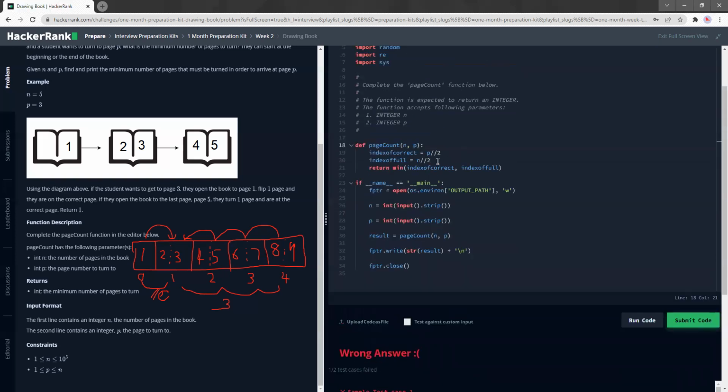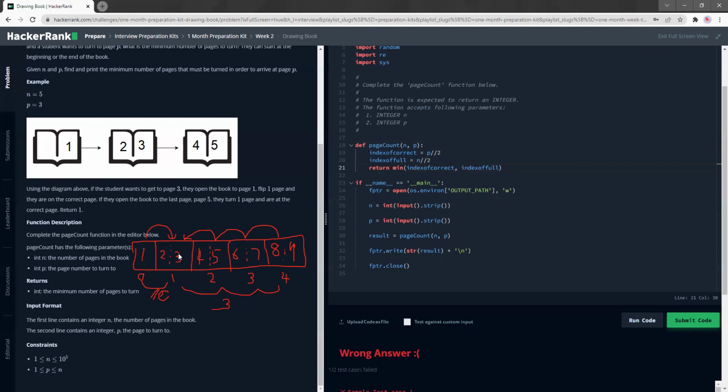Okay, I see what the issue is. We just got the indexes of the thing. I jumped ahead of myself and didn't really figure out what the answer should be. So index of the correct is the correct page, and I need to minus that from the first one. So index of correct minus 0 is just going to be itself. So I can just leave it as it is.